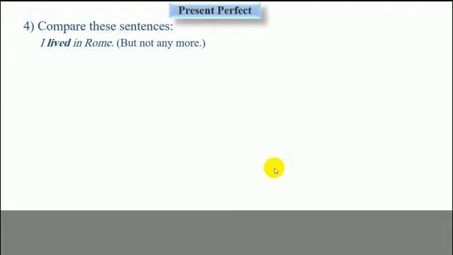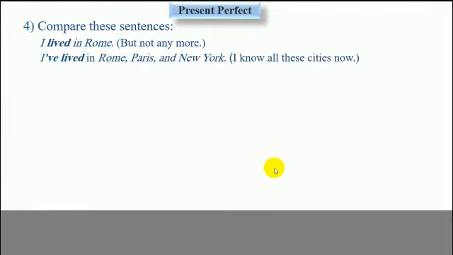I lived in Rome, but not anymore. So this is simple past, where the action started in the past. I lived in Rome in the past, but I don't live in Rome anymore. I've lived in Rome, Paris, and New York.